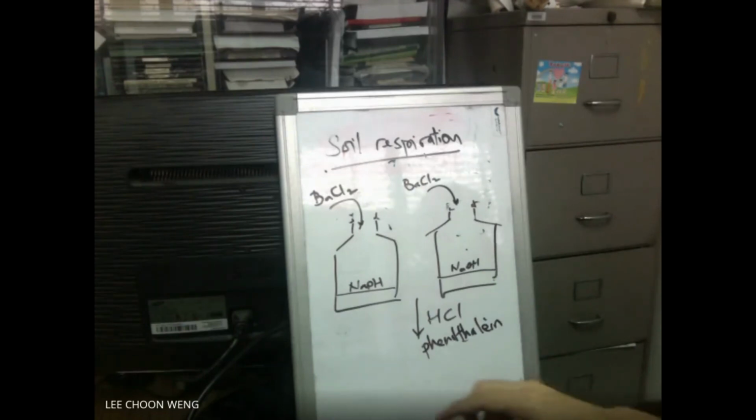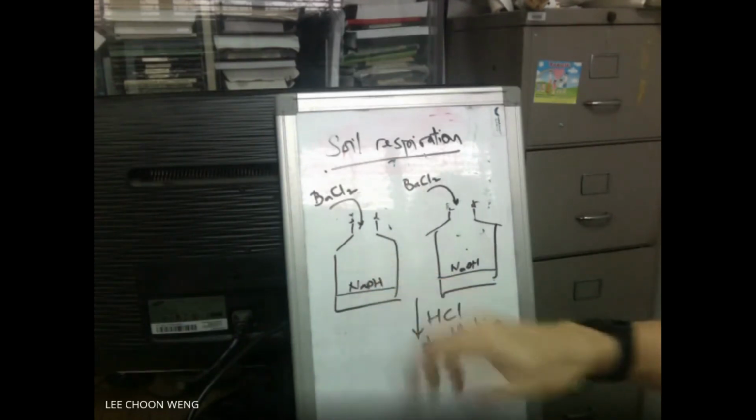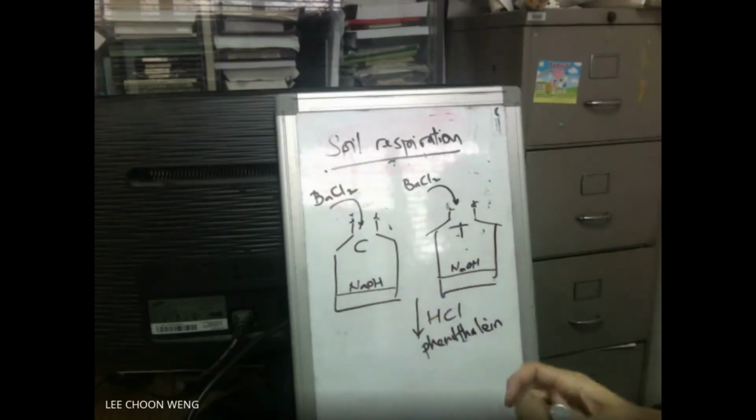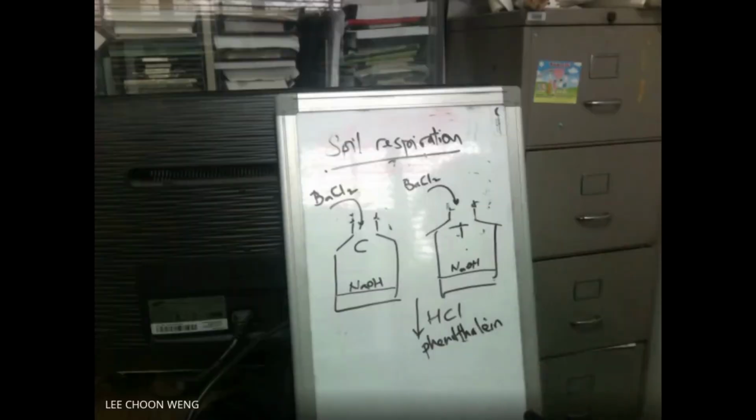So this is your control, blank, and this is a test. Which one will have higher titrant volume? The test. The test will have higher titrant volume. No. The control. The control will have higher titrant volume.